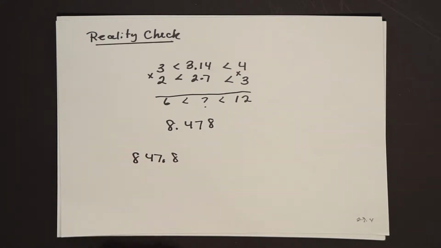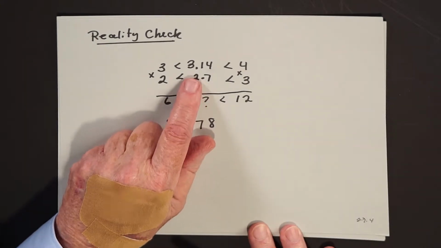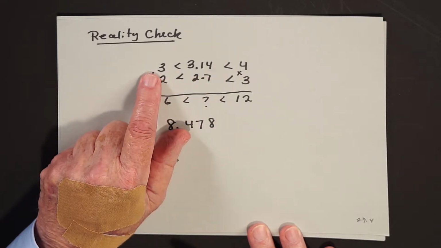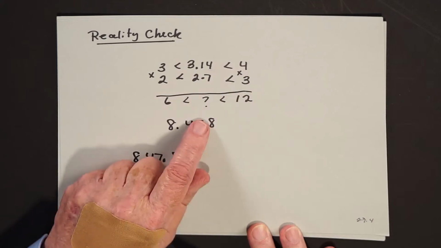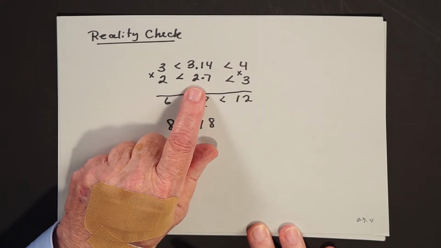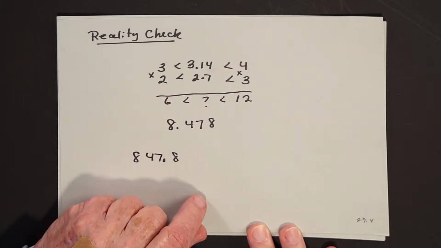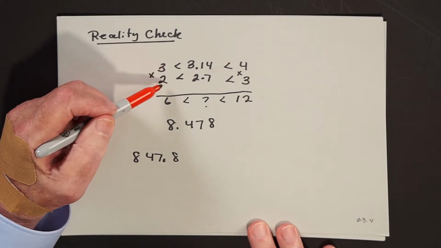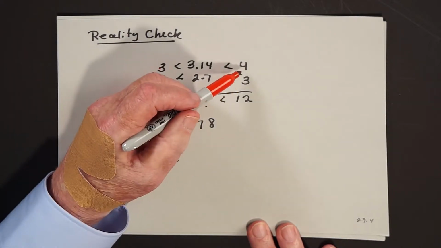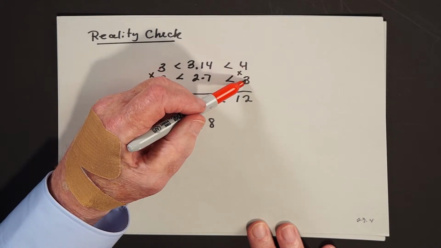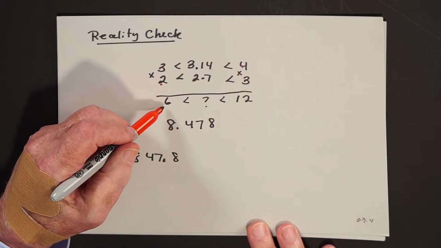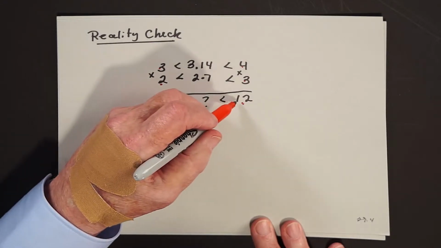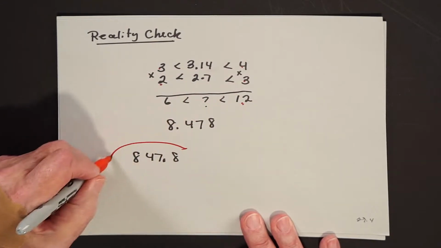Well, here's what I mean by a reality check. Whatever the correct answer is, we know that 3.14 is greater than 3, but less than 4. And 2.7 is greater than 2, but less than 3. So whatever the correct answer is, it has to be more than 3 times 2, and at the same time, less than 4 times 3. In other words, the correct answer has to be between 6 and 12. Well, there are a lot of correct answers between 6 and 12.